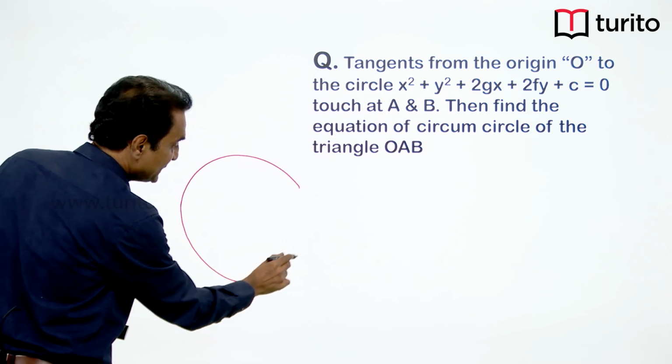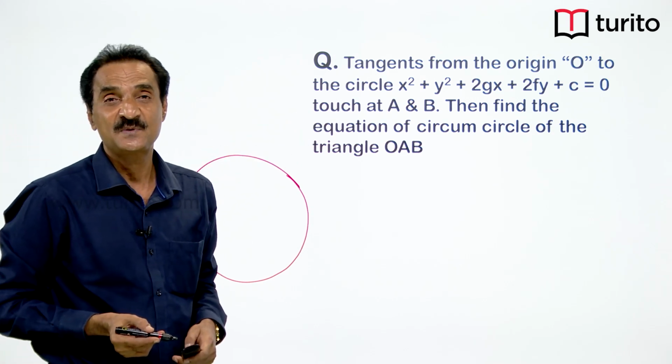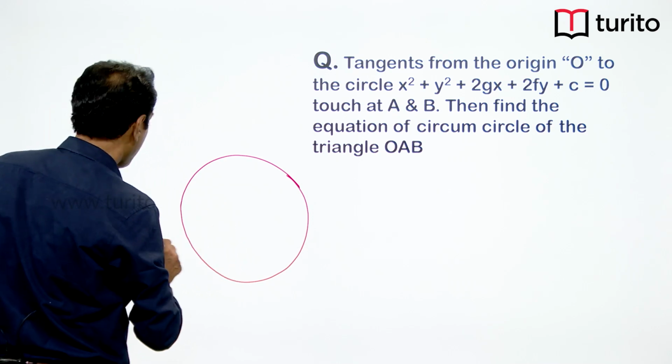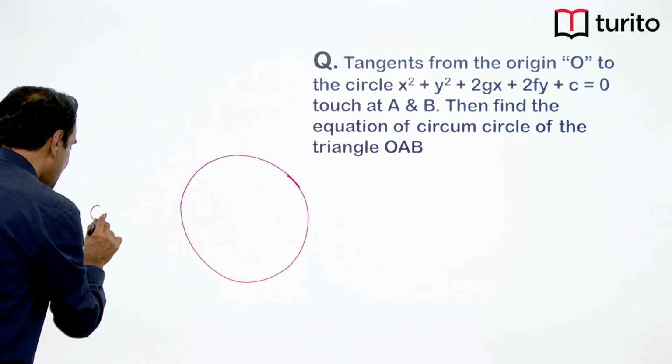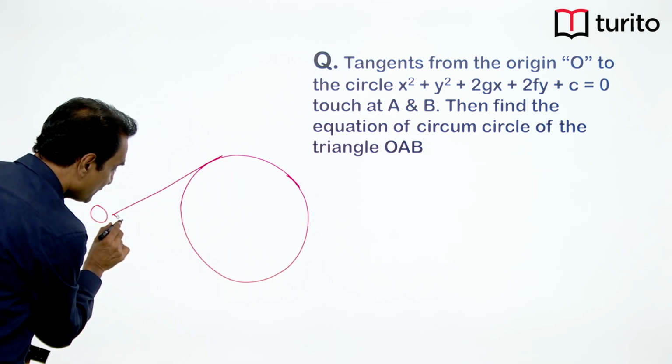Suppose this is the given circle, x square plus y square plus 2gx plus 2fy plus c is equal to 0. Now from the origin, suppose origin is here, two tangents are drawn.